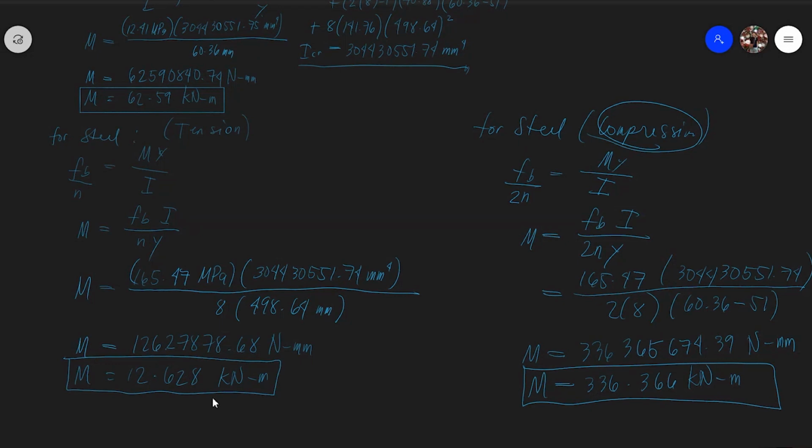It will still fail. Take note, if one material fails, the whole section of your reinforced concrete beam will fail. Your structure is as strong as its weakest member. So that's how you solve.